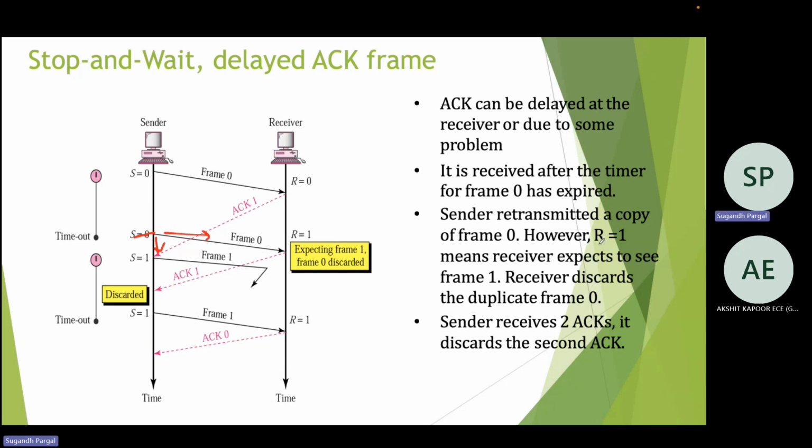However, R equals 1 means the receiver is expecting frame 1, so the receiver discards the duplicate frame 0 and again sends the acknowledgement. At that time, the sender receives two acknowledgements for the same frame, that is 1, and it discards the second acknowledgement and sends the next frame.